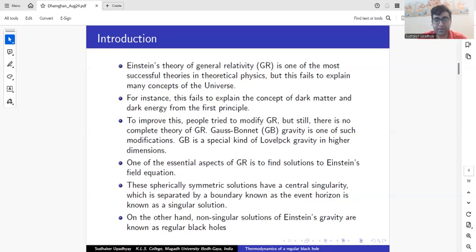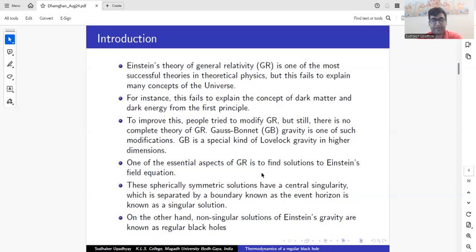In this connection, there is a modification of GR by higher derivative terms called Lovelock gravity. And Gauss-Bonnet gravity is one special case of Lovelock gravity, which modifies GR. The essential aspect of GR is to find solutions of the Einstein field equations.